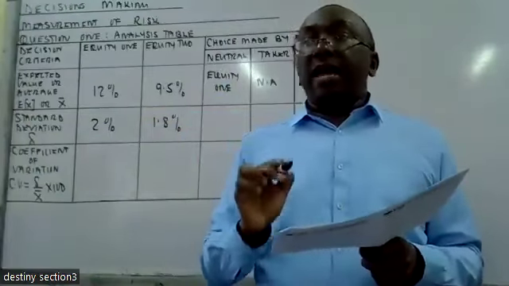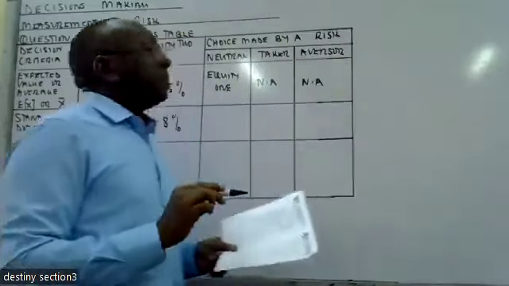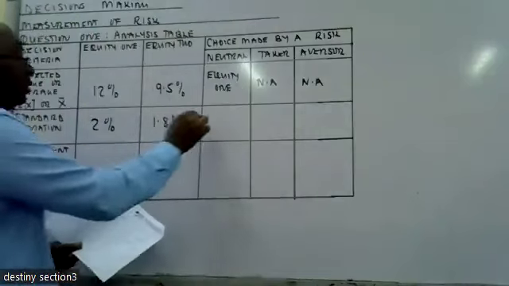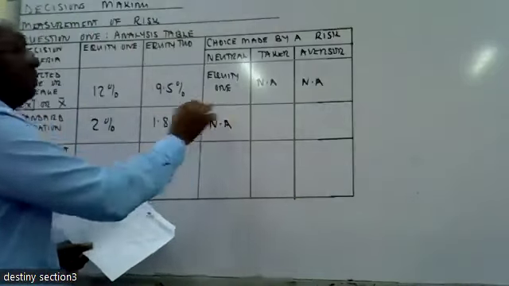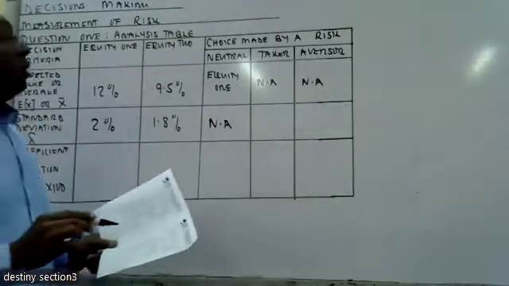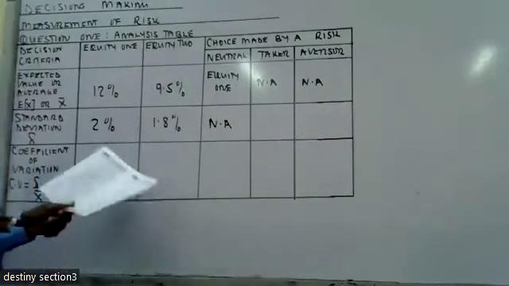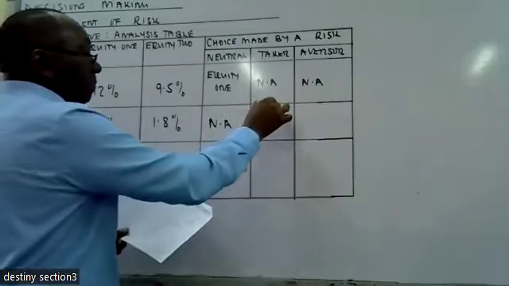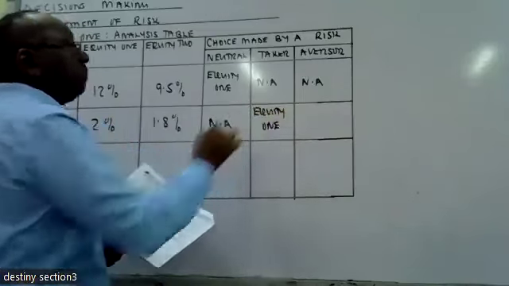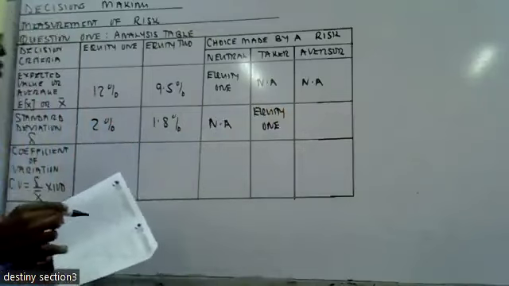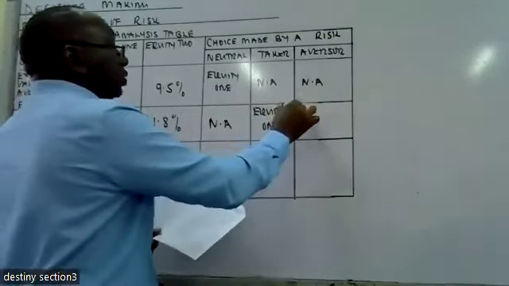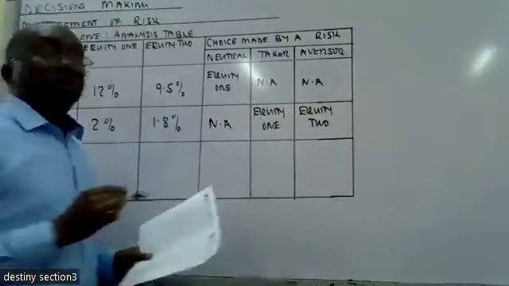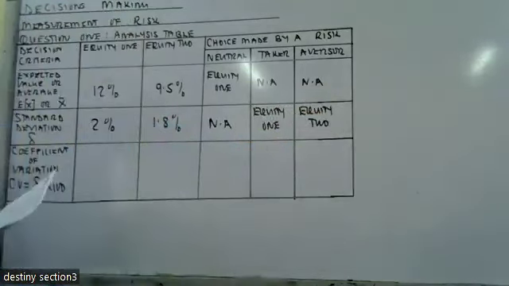So the risk neutral investor does not use that; it does not compute risk, so it's not applicable. But the risk taker will go for equity 1 because it has a higher risk, and the risk averse will go for equity 2 because it has a lower risk.